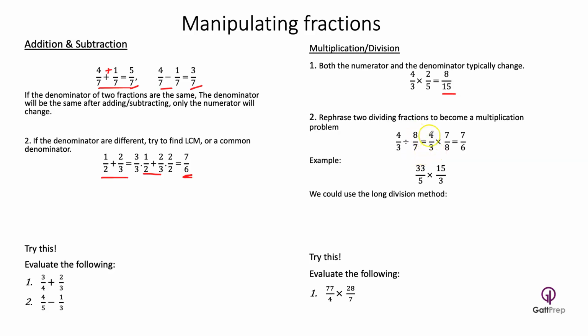This one. And so it becomes 4 over 3 times 7 over 8. You flip the numerator and the denominator, and then you change the sign, so the sign becomes multiplication. And then you simplify. Very simple stuff.